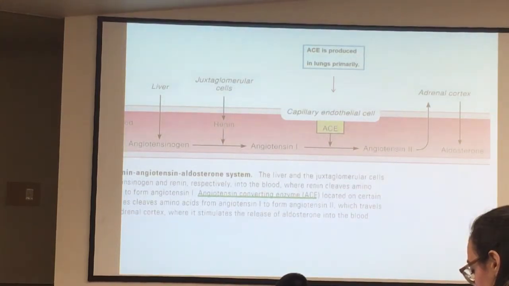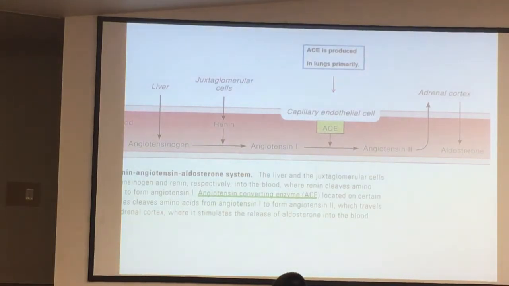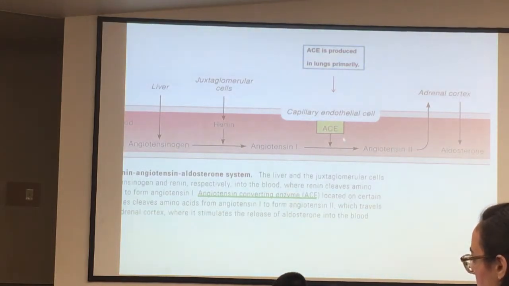Now, in the test, one year an MCAT question asked: from angiotensin 1 to angiotensin 2, we need what kind of enzyme? The answer is angiotensin converting enzyme, and it comes majorly from the lung.